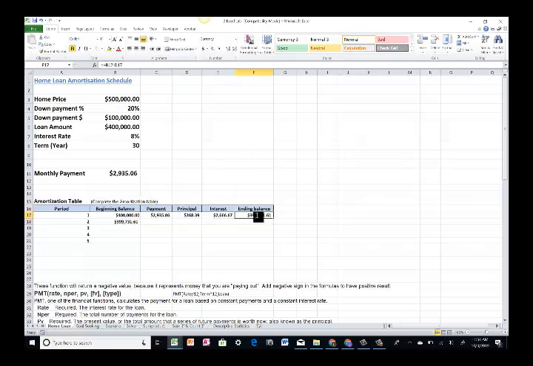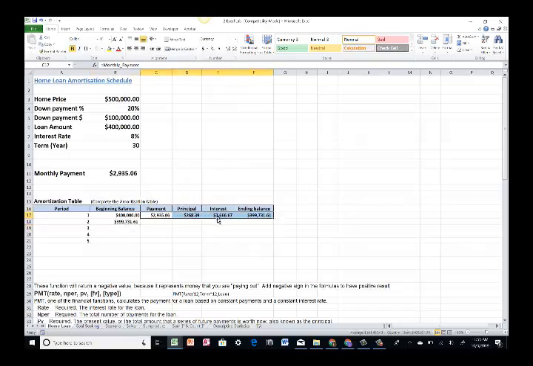And my ending balance would be the beginning balance reduced by principal. So beginning balance minus principal is my ending balance. And my beginning balance for month 2 is my ending balance for month 1. And now I am ready to copy these formulas to month 2.